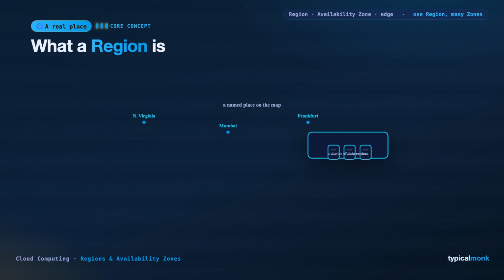Inside that area sits a whole cluster of data centers, grouped together and run as a single Amazon Web Services location. So a region is not one building. It is a collection of facilities in one part of the world presented to you as one place you can deploy to. The important shift in thinking is this: the cloud is not nowhere, it is somewhere. Every application you run lives in a real physical location that you choose.